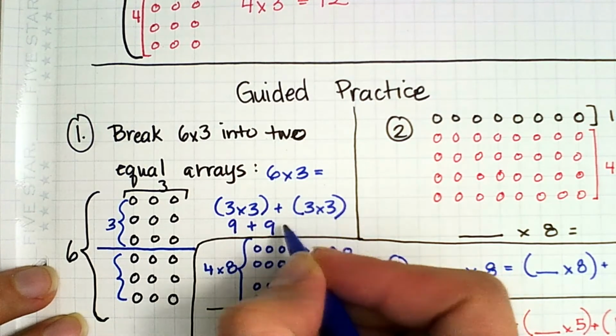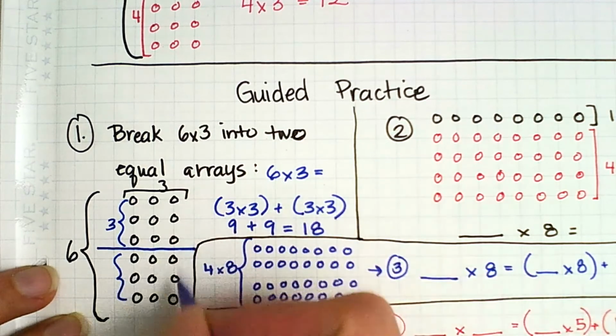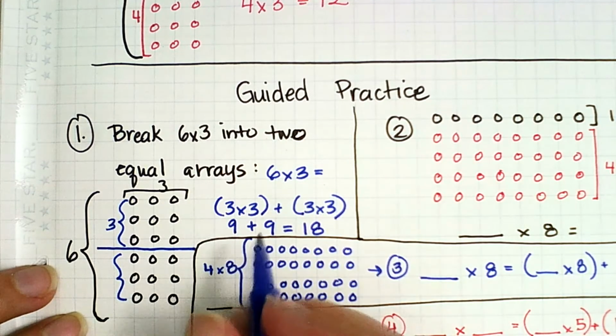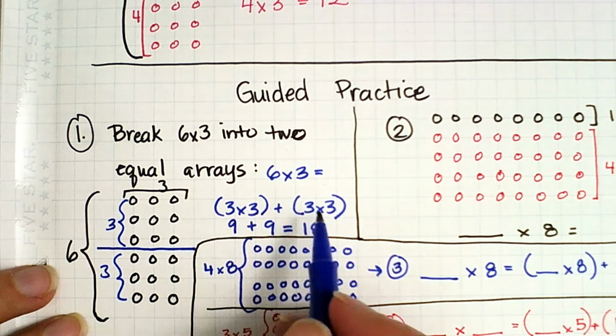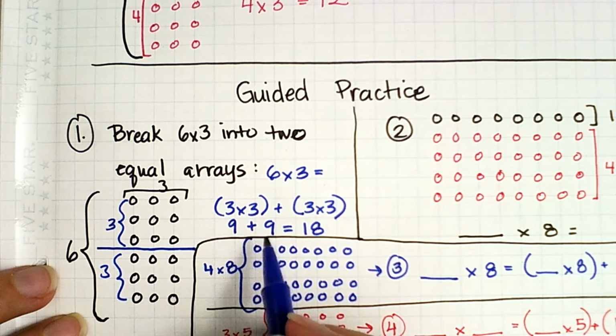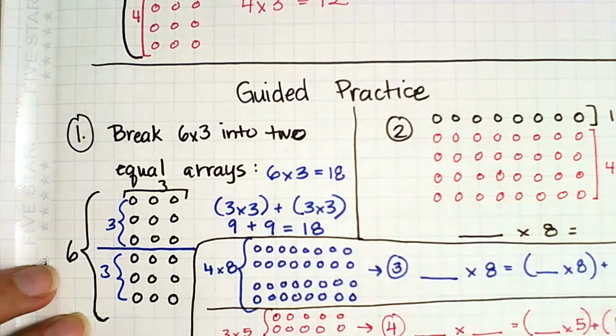The other 3 times 3 is 9, which gave me 18. So I know there's 18 in my array right here. All we did was take the big 6 times 3 array and cut it into 2 equal parts. The first group had 3 in it, the second group had 3 in it. We found the partial products and then the sum of those partial products gave us our answer. So we know 6 times 3 is 18.